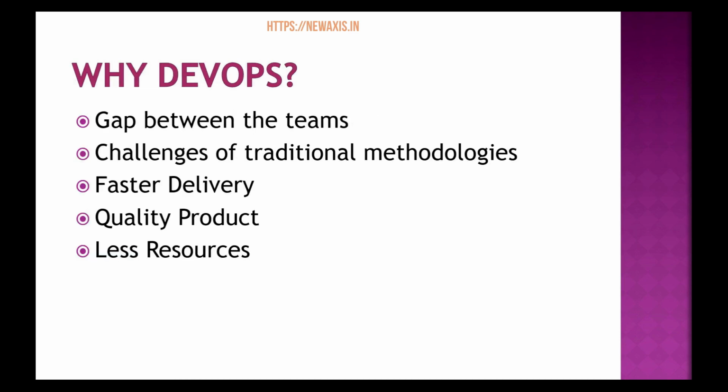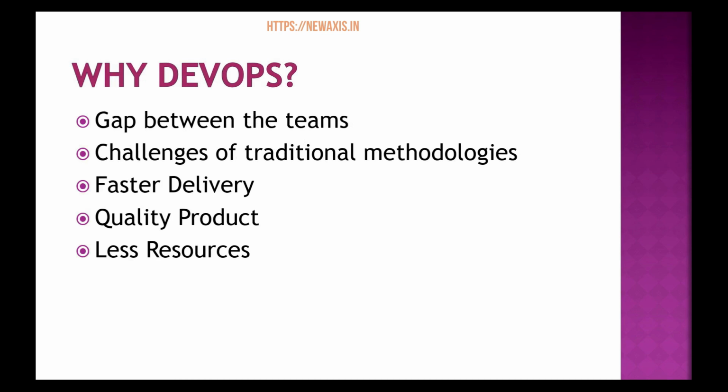So DevOps came into the picture. Why did DevOps come in? The first reason is to overcome the gap between the teams, to make them work together in collaboration, and to help them understand the challenges of others.